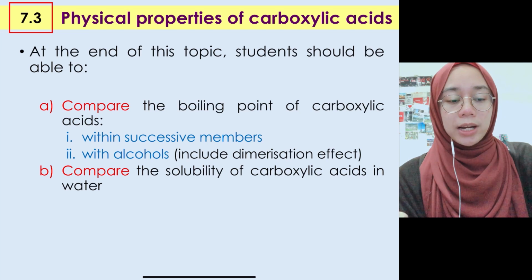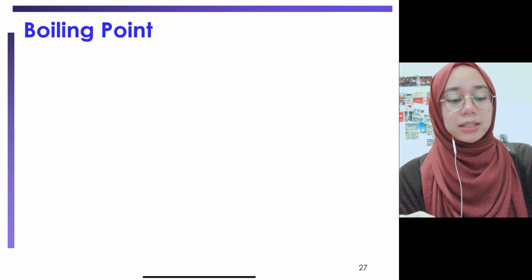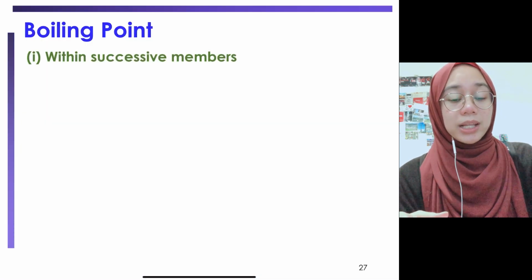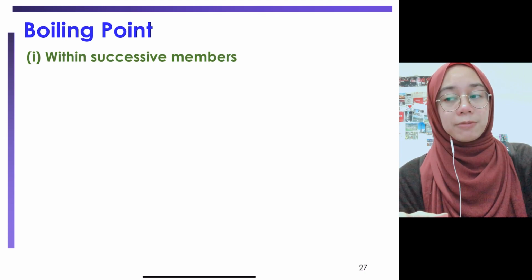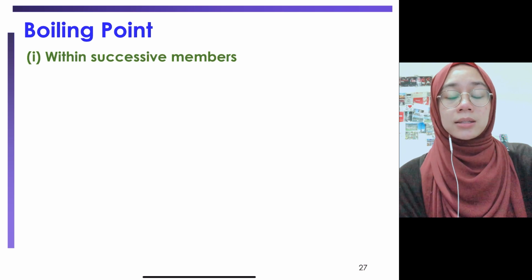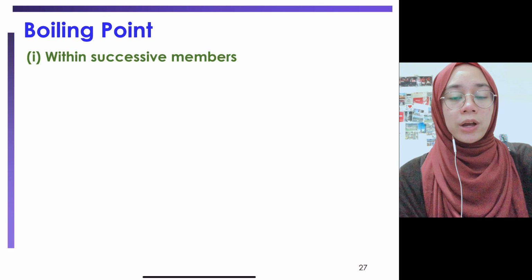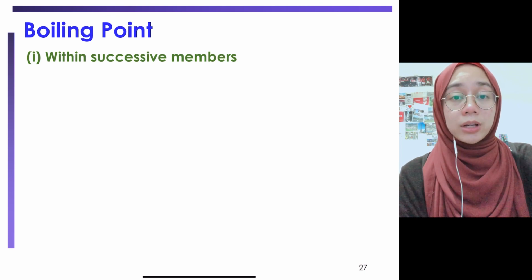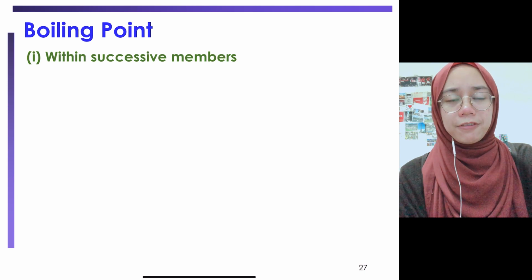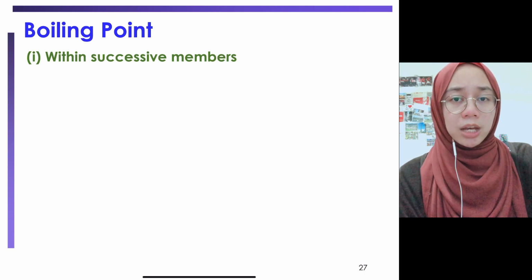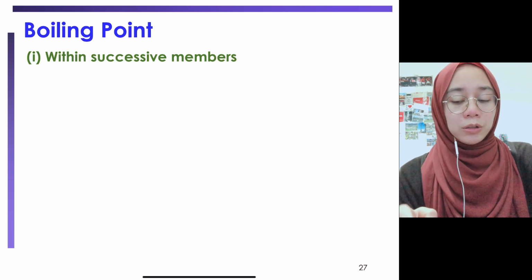So let's have a look at the boiling point first, within successive members. Within successive members means that they differ in the number of carbon. When we talk about carbon, boiling point always needs to be related back to intermolecular forces. So if we are comparing carbon numbers, we relate it specifically to van der Waals forces between the molecules.